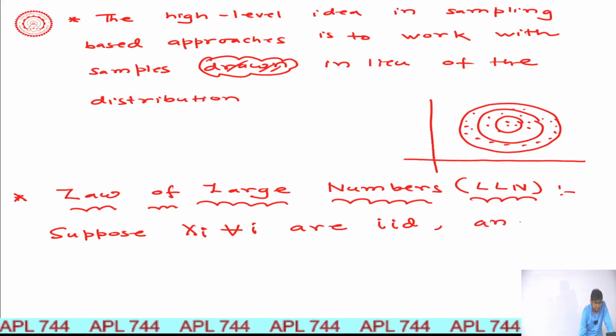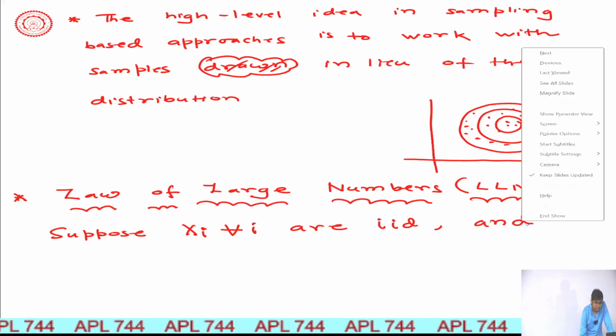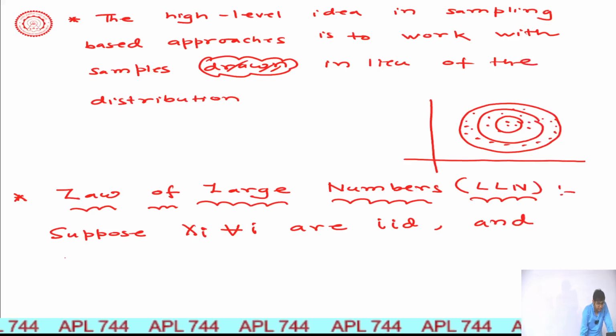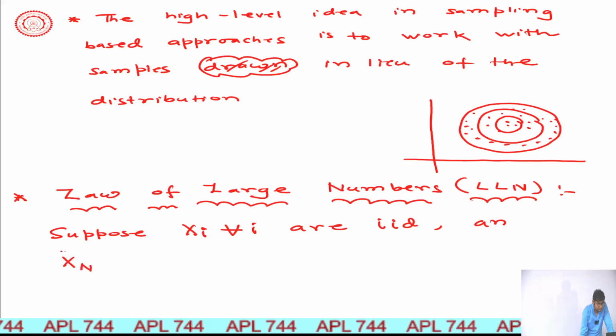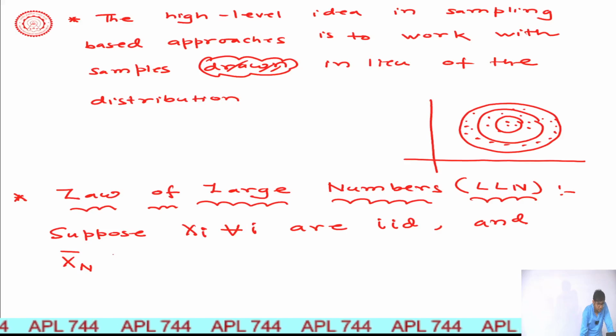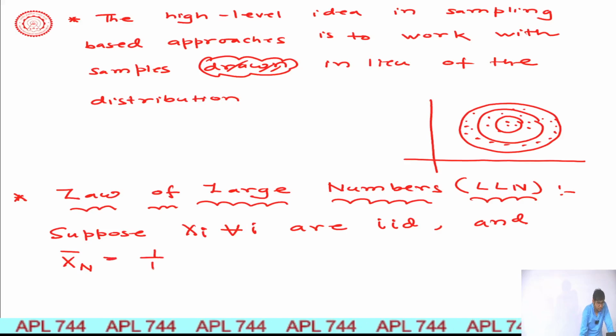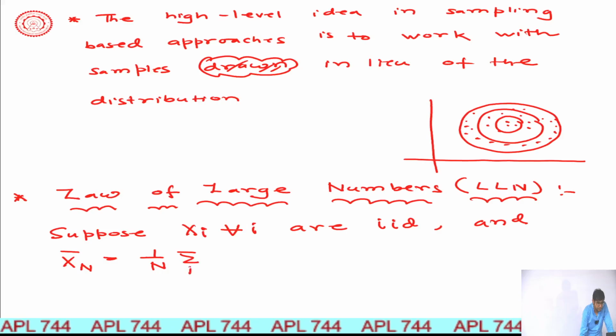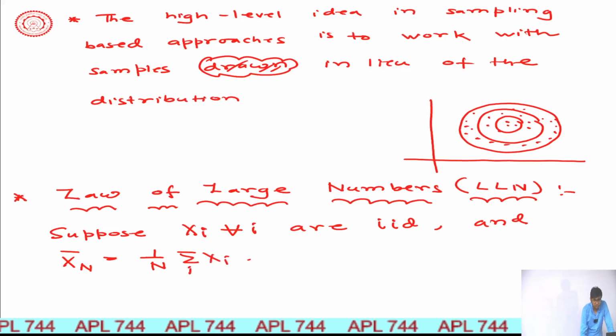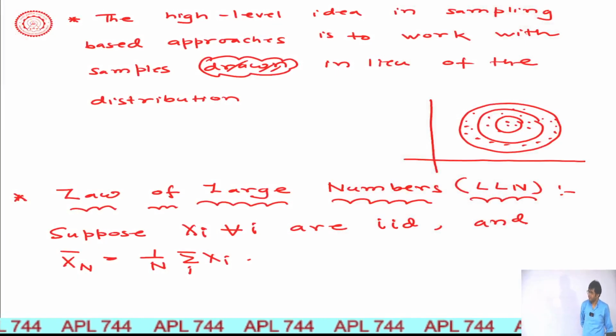And we define xn bar is equal to 1 by n summation over i xi. Okay. So what have we done? We have defined xi for all i as IID, and xn bar we have defined as 1 by n summation of i xi.